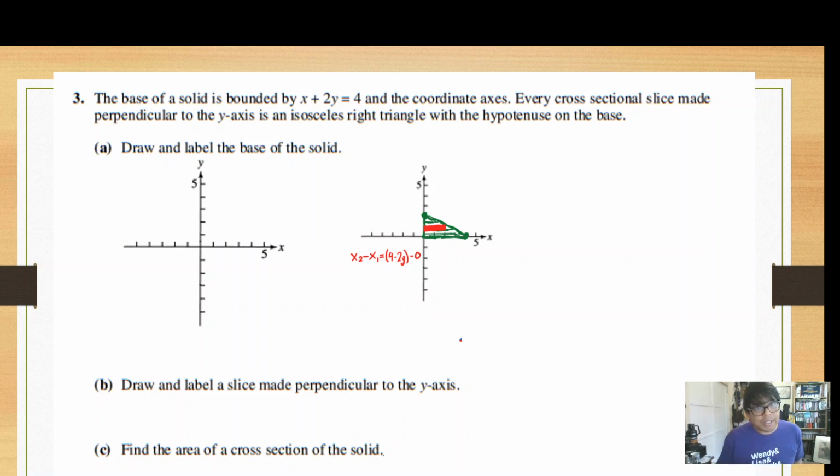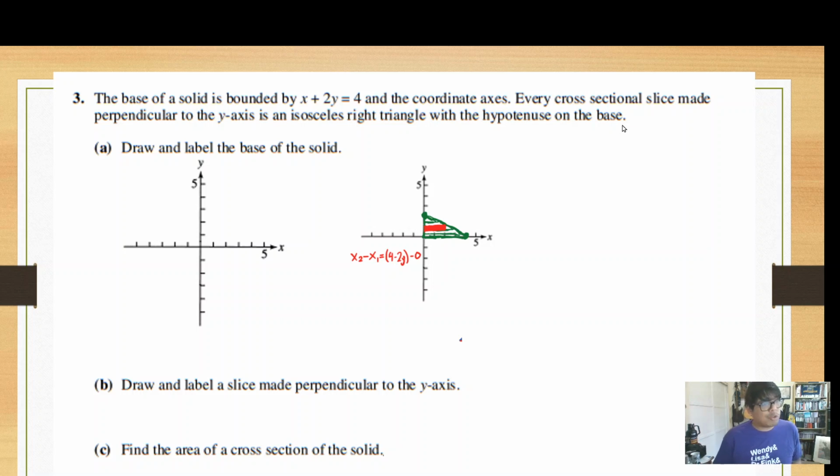The x-coordinate right along the line is 4 minus 2y, given by this equation up here. And on the left side of the region, that x-coordinate is always equal to 0.